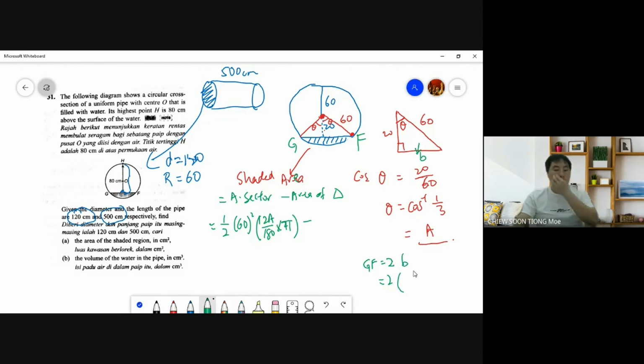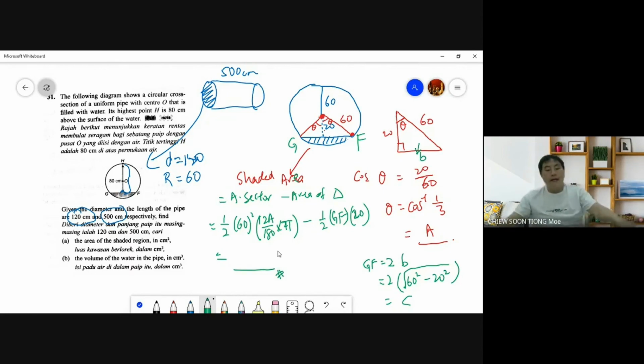Theorem of Pythagoras: 60 squared minus 20 squared. You get the answer C. I don't write the answer, let you solve yourself. So the answer will be 1 over 2 times GF times 20. Then you will get the final answer. Finish. Do you understand?